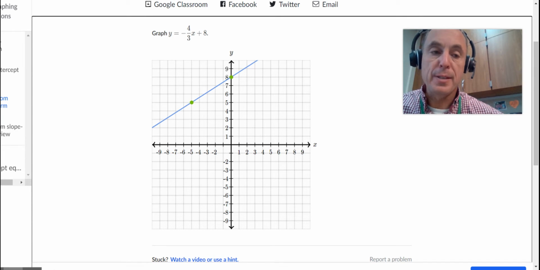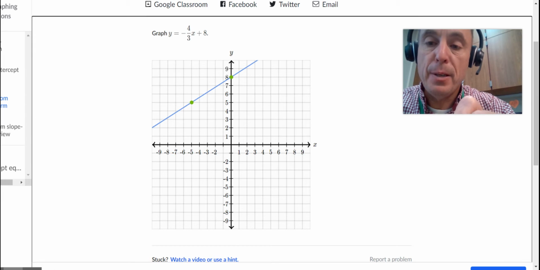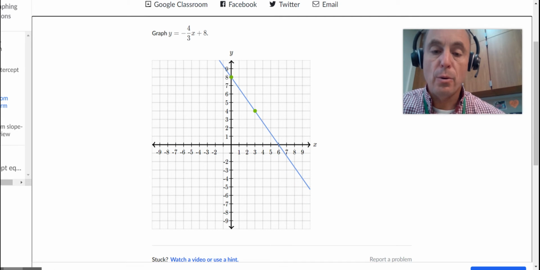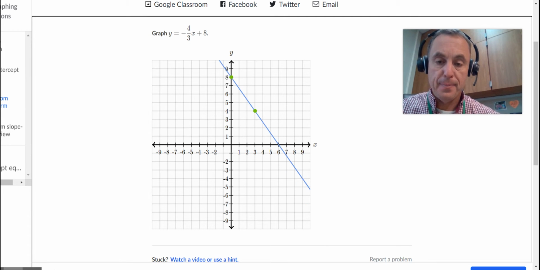The slope is negative 4 over 3. So what that means is the top number tells me how to move down. So I'm going to move down from 8, 4 spaces, to 4. And then I'm going to move over 3 to the right. So my second point should be right there.